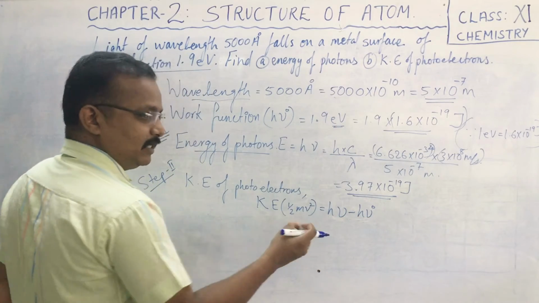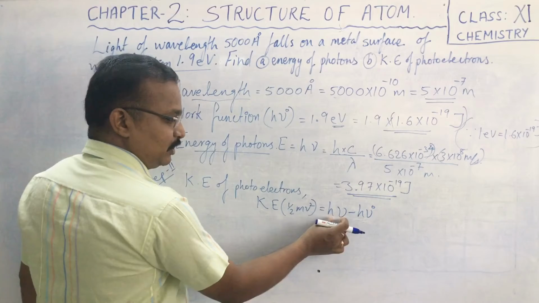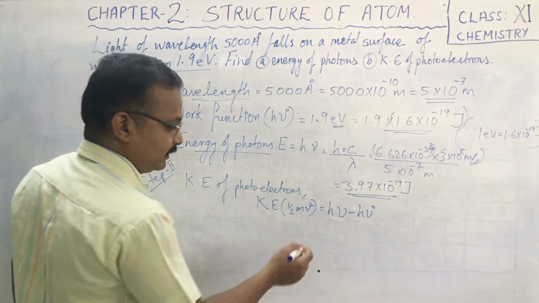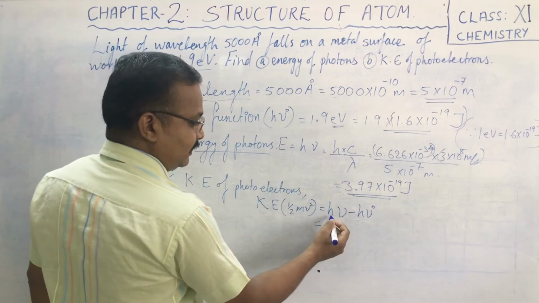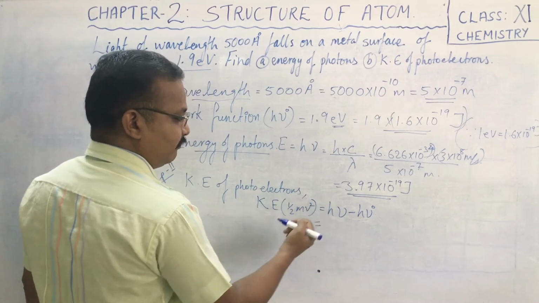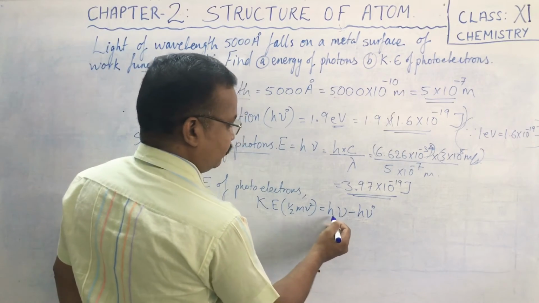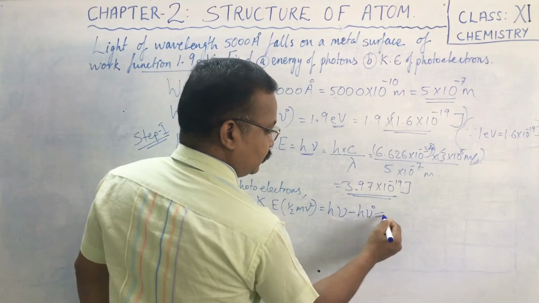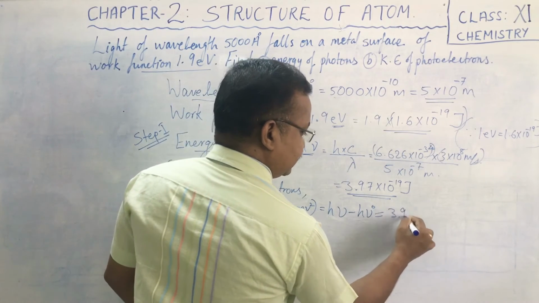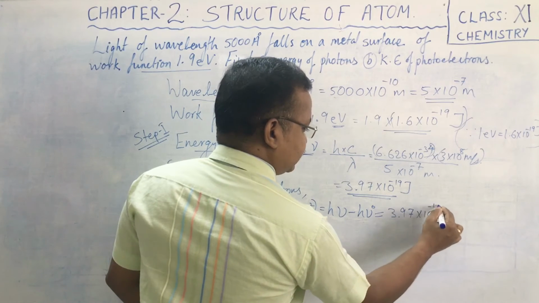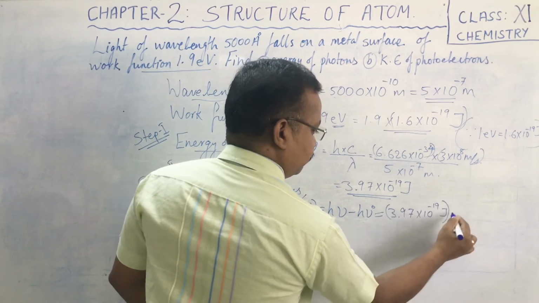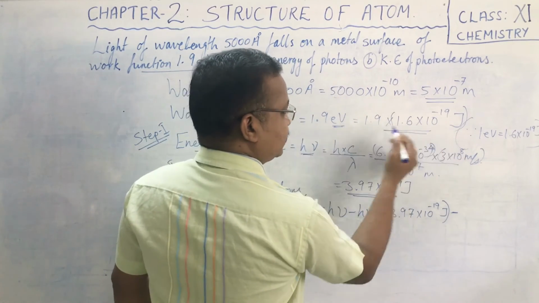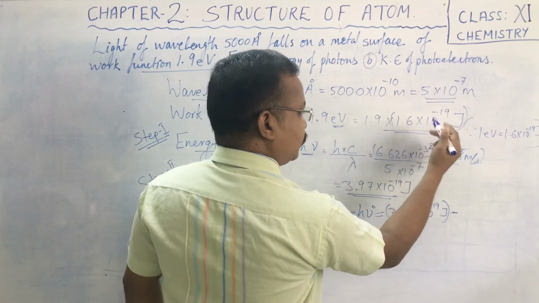The minimum energy we have to subtract from the actual energy, then we will get the kinetic energy of the ejected photoelectron. The energy of photon h nu we have calculated as 3.97 into 10 raised to minus 19 joules, minus the work function, which we have converted into joules, that is 1.9 into 1.6 into 10 raised to minus 19.